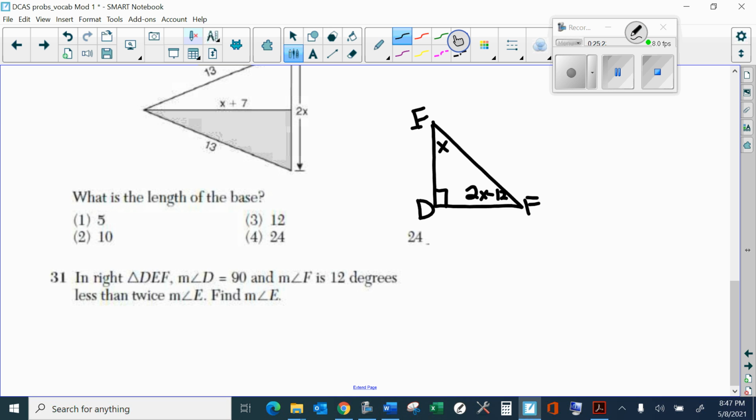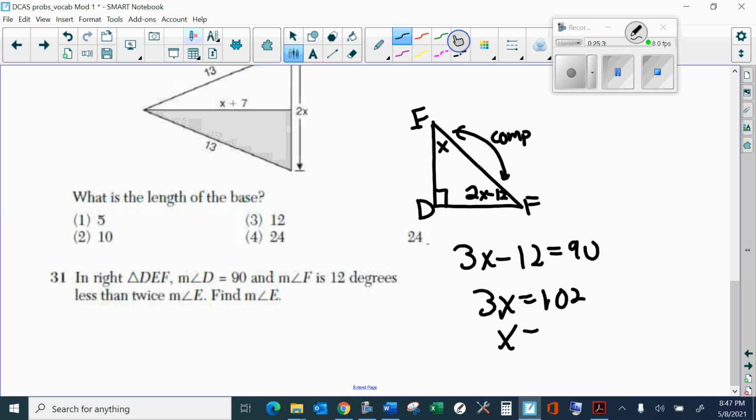We know these two angles have to be complementary because you already have the 90 degrees. So then this is 90 degrees to add up to the 180. So now I have 3x minus 12 equals 90. 3x equals 102, divided by 3, and I get 34.